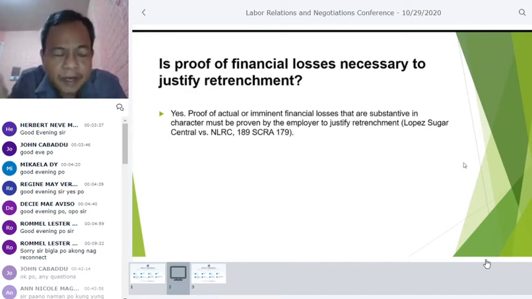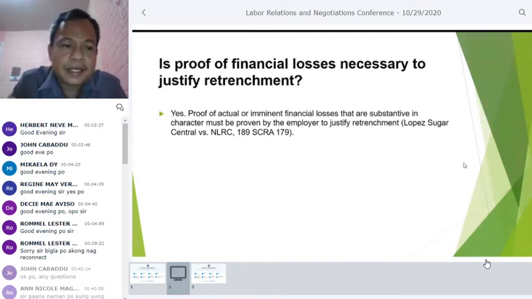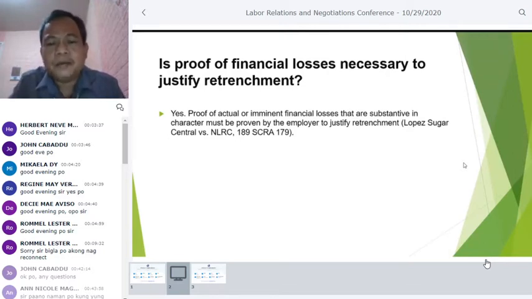So ang sabi dito, in the case of Lopez Sugar versus NLRC na, yes, proof of actual or imminent, meron talaga. Okay? Financial losses that are substantive in character must be proven by the employer para ma-justify na meron talagang retrenchment. Okay? Na talagang kailangan nila or nawawala na sila ng pera.